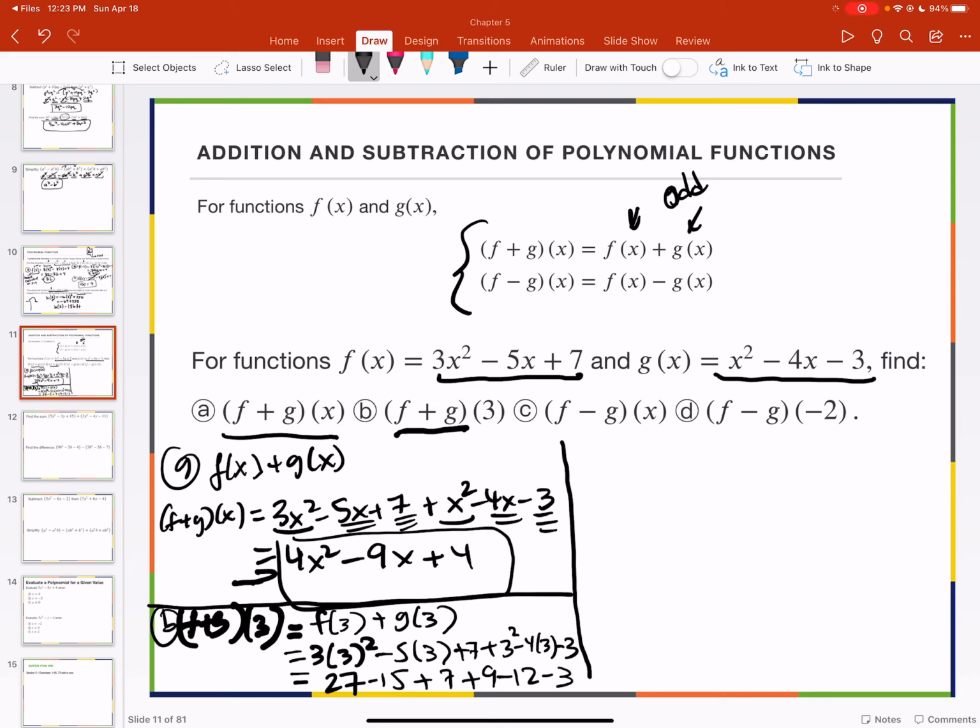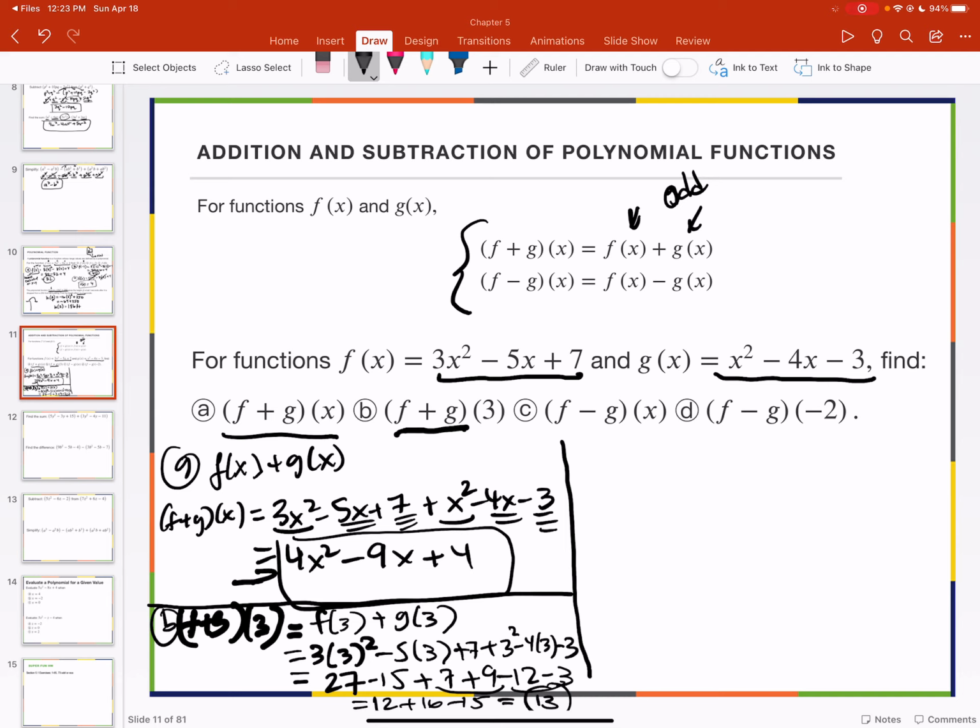So 27 minus 15 is 12. I'm going to bunch them together. Plus 7 plus 9, if I do these 2 together, that's plus 16. And if I do these 2 together, that's minus 15. These 2 together become 1. So my total answer is 13.